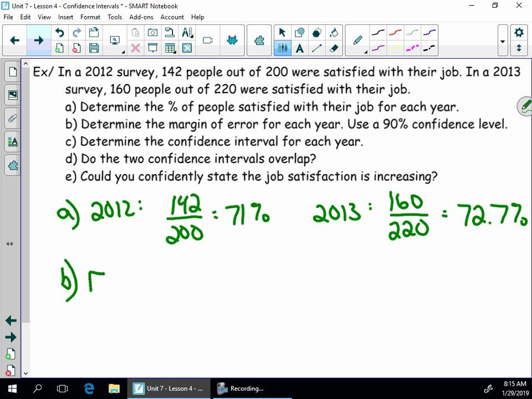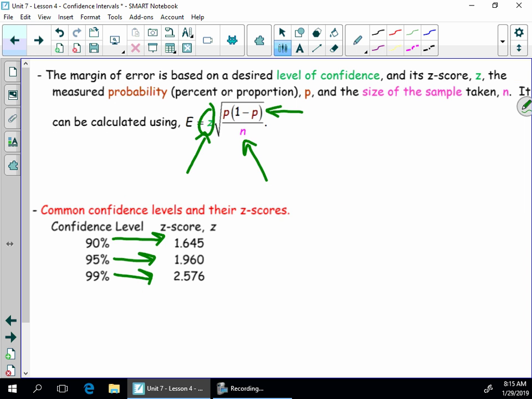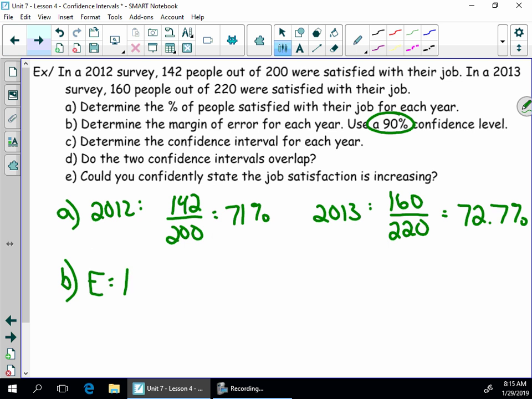My error, based on the formula we looked at before, deals with my Z. My Z comes from a 90% confidence level. So go back to this table for a second here. My Z value, 90% confidence, will be 1.645 times the root of P. What's the percent of people who actually agreed with this statement? So right now we have 71% of people were satisfied with their job.